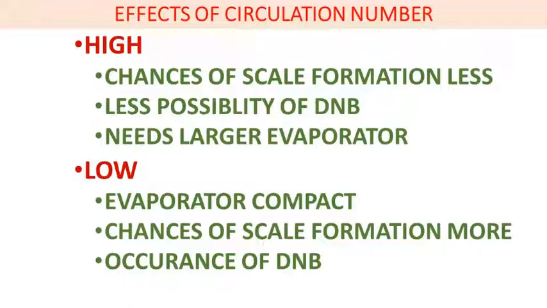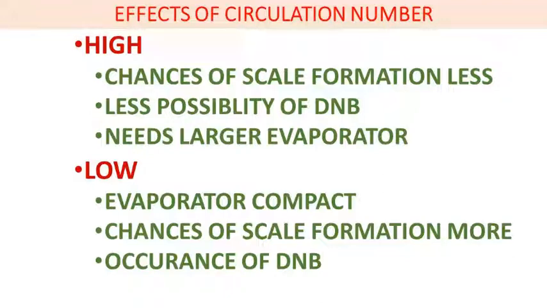It implies that the size of the heat transfer area is large compared to what is required for attaining the critical heat flux regime. So naturally there is less scope of departure from nucleate boiling.